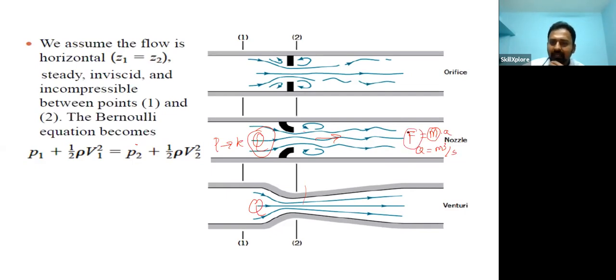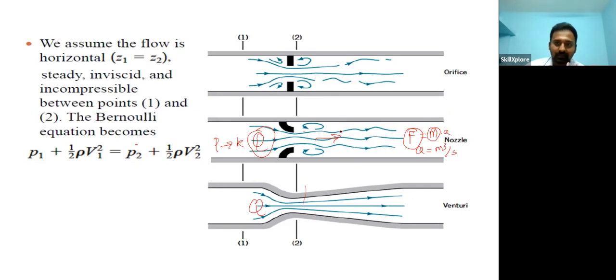With that we can calculate the thrust force produced by the jet of fluid. If you know the mass flow rate of fluid from the nozzle and the acceleration of the flow, we can calculate the force. So to calculate the mass flow, we need Bernoulli's equation.